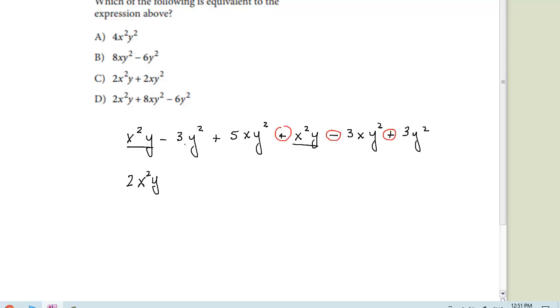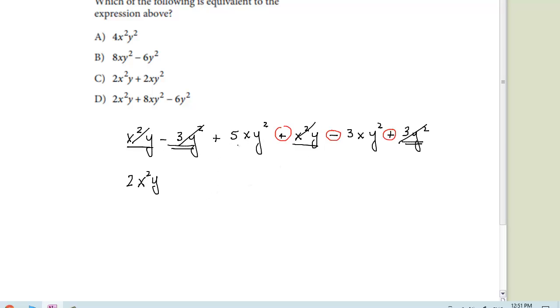After that, y squared. Do I have like terms for y squared? Yes, I have another one here. Positive 3 and negative 3 cancel each other, so I finish with the y squared.